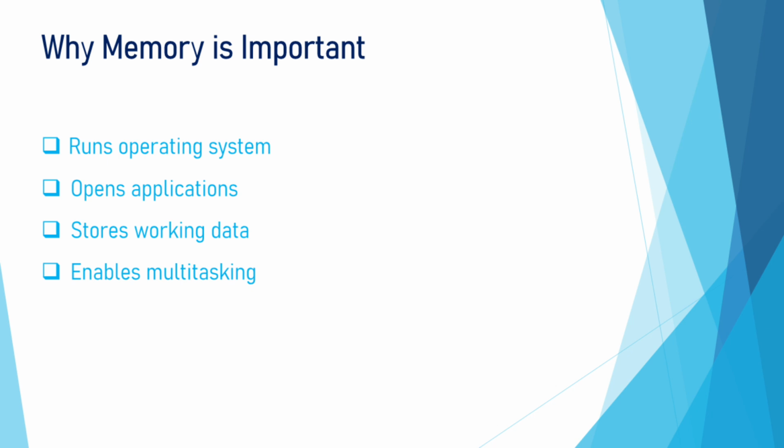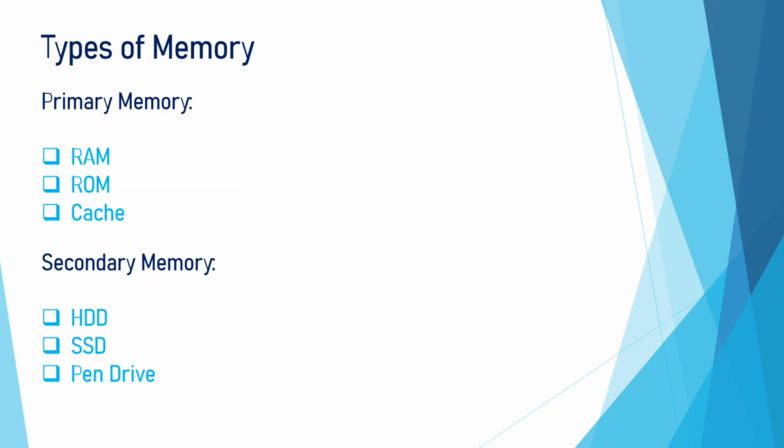Now let us see what are the types of computer memory. Computer memory is divided into two main categories. The first is primary memory. The second is secondary memory.